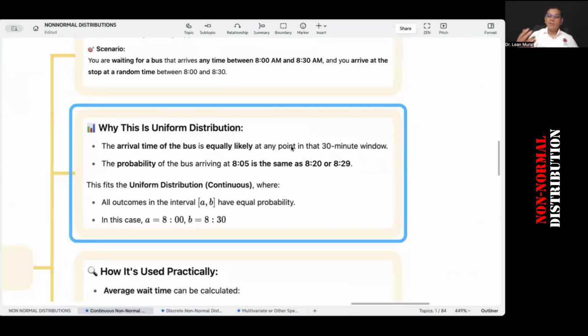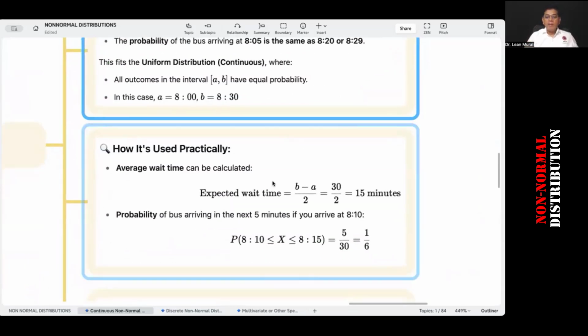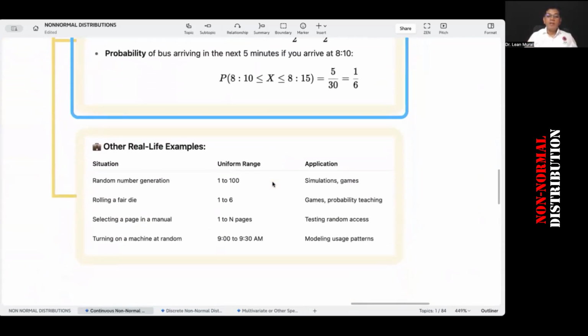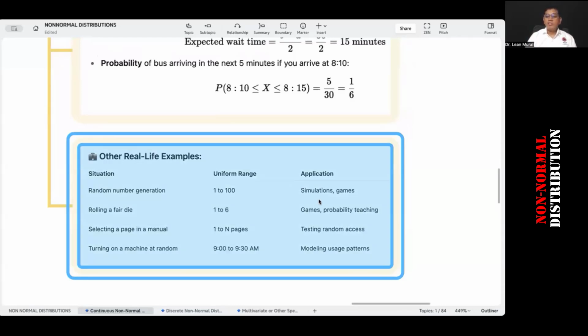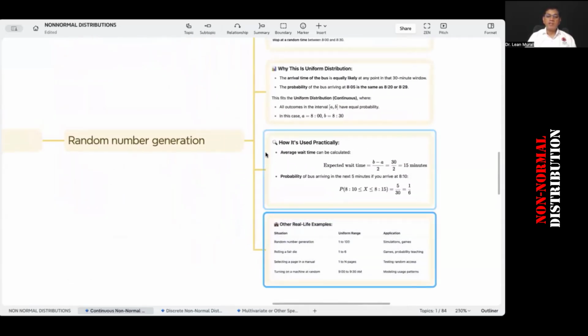As in the probability distributions I covered, the events are equally likely. There is a formula for this, and this distribution is used when each and every event is equally likely. The applications are simulation, games, probability teaching, testing random access, modeling usage patterns, and so on.